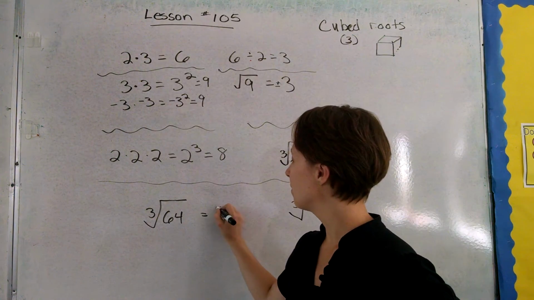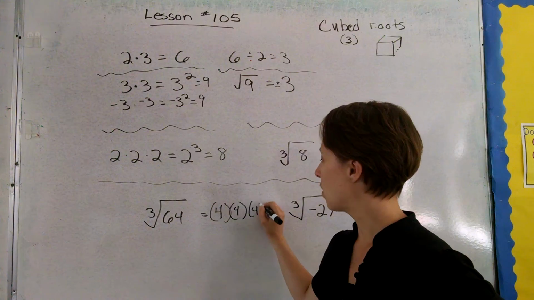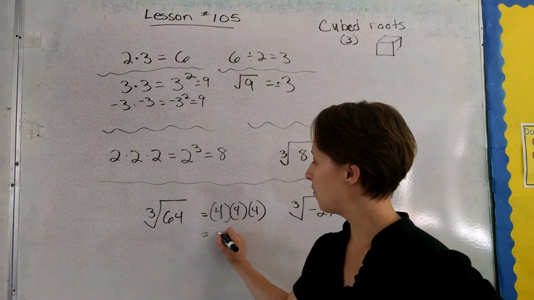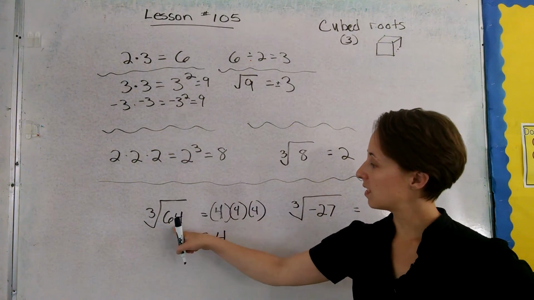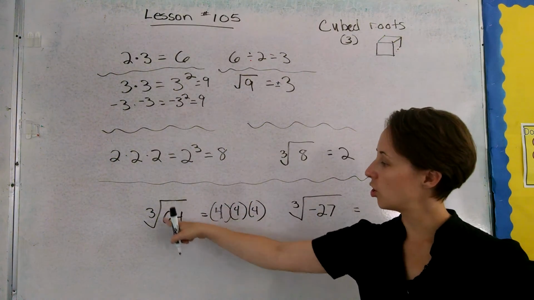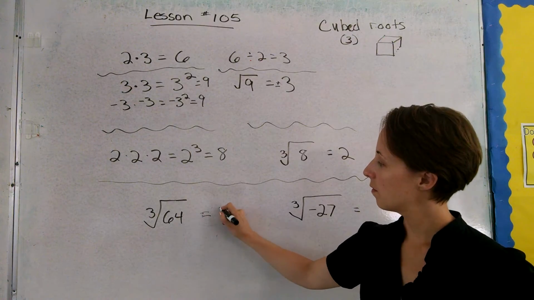Turns out that 4 times 4 times 4 is 64. So the cubed root of 64 is 4. Cubed root of 64 is 64 to the 3rd is 4 times 4 times 4. So the cubed root of 64 would be 4.